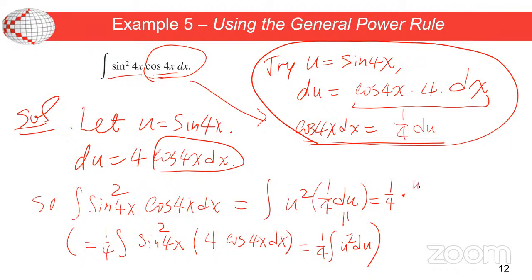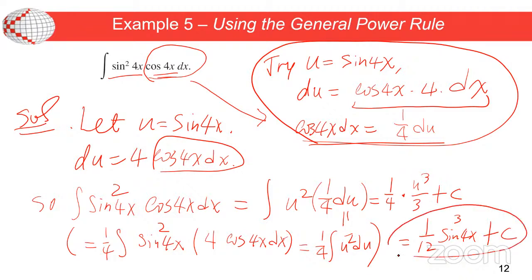The derivative of u squared will be 2u, but the antiderivative is u cubed over 3 plus C. And so that's 1/12, and u is sine 4x. So we could write the exponent over the function name. So that's the answer.